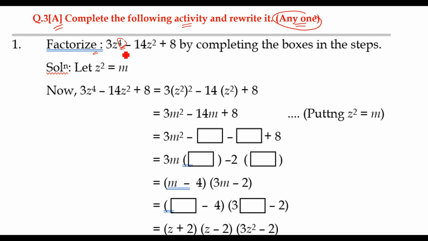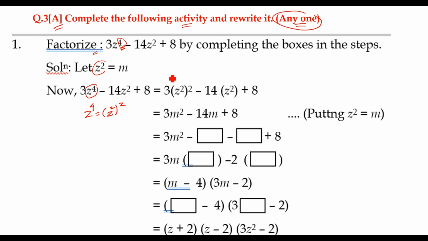So power 4 is there, so that's why we assume that z square equal to m. If you assume z square equal to m, z raised to 4 can be written as z square raised to 2, and this term becomes 3 times z square raised to 2 minus 14z square plus 8.